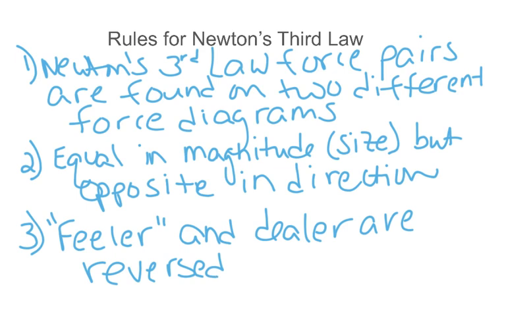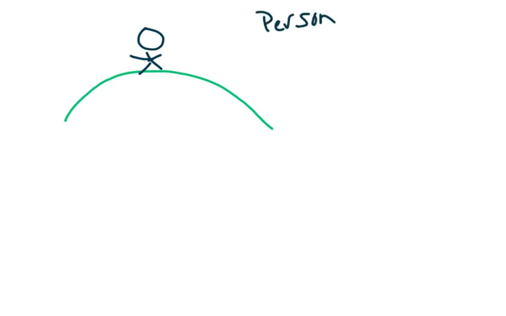So what exactly does that mean? Well, let's do an example. We're going to have our little person here, and he's going to stand on the surface of the earth. He's a giant. We can draw a force diagram for the person, and we can also draw a force diagram for the earth. Our first force diagram for the person is going to have two forces on it.